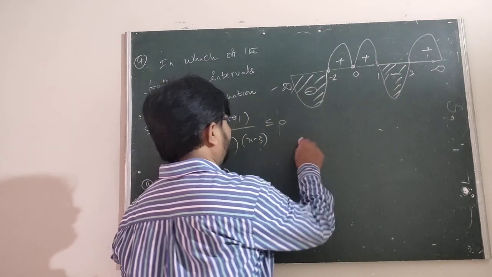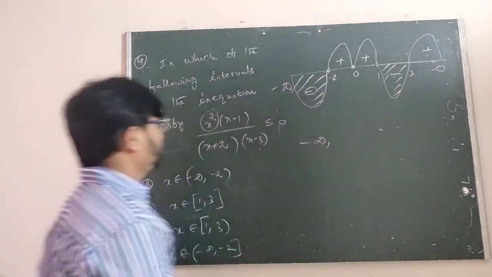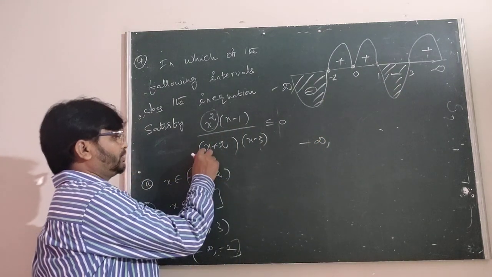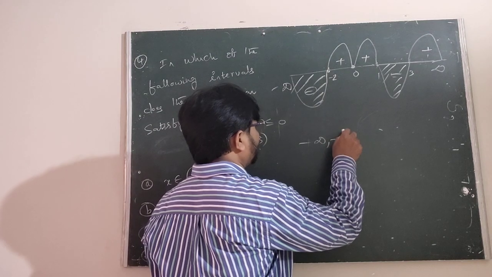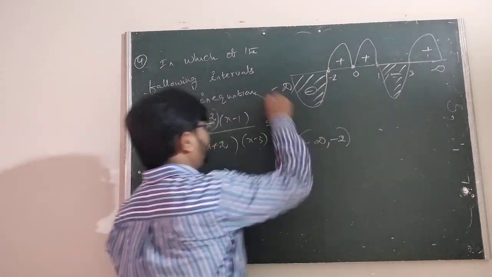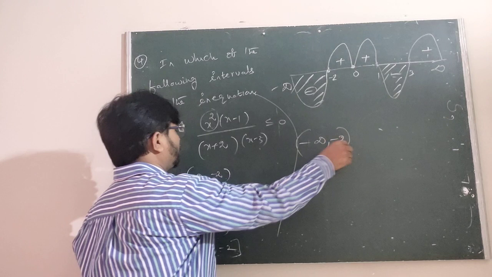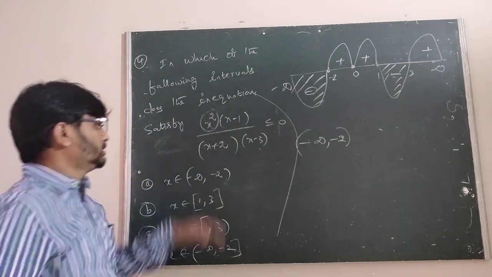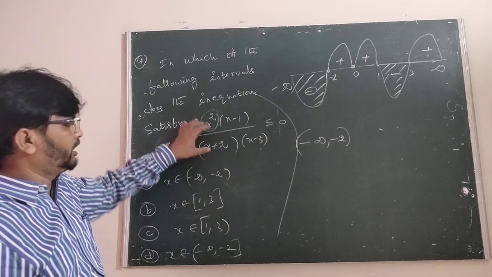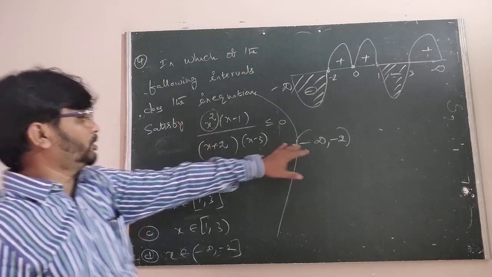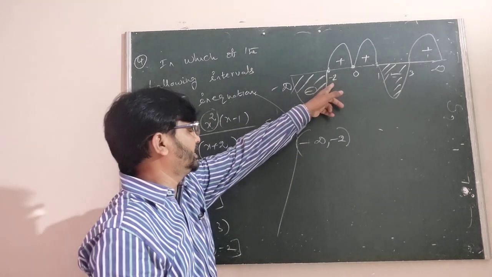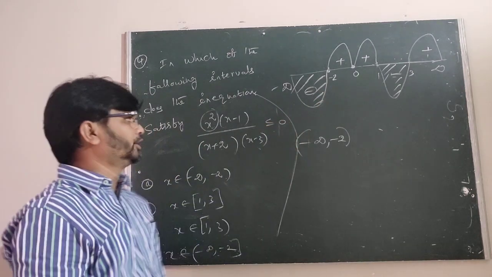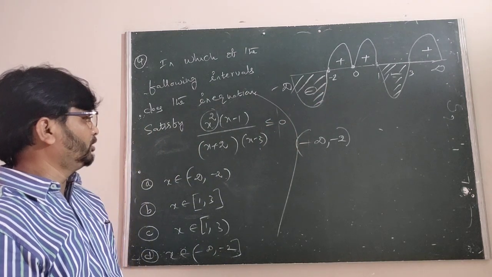We can write minus infinity to minus 2. Don't write it closed, we write only open, because if you take it closed at minus 2, minus 2 plus 2 is 0 in the denominator, which is undefined. Therefore the first part is minus infinity to minus 2, where the sign is negative.